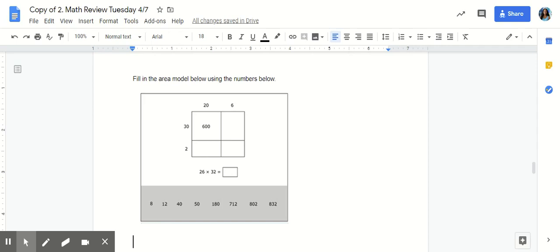Here we're going to fill in the area model below using the numbers below. So we know that 30 times 20 is 600. So in this box here, going to have 6 times 30, which equals 180.